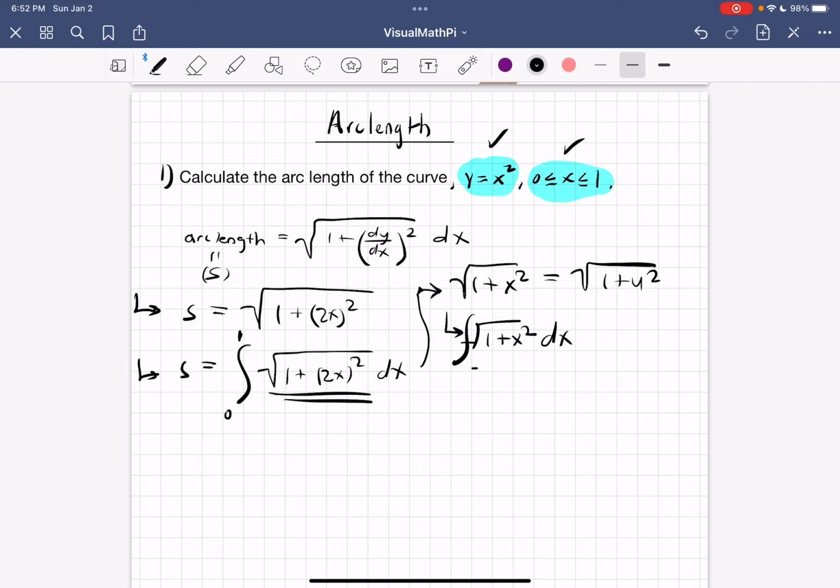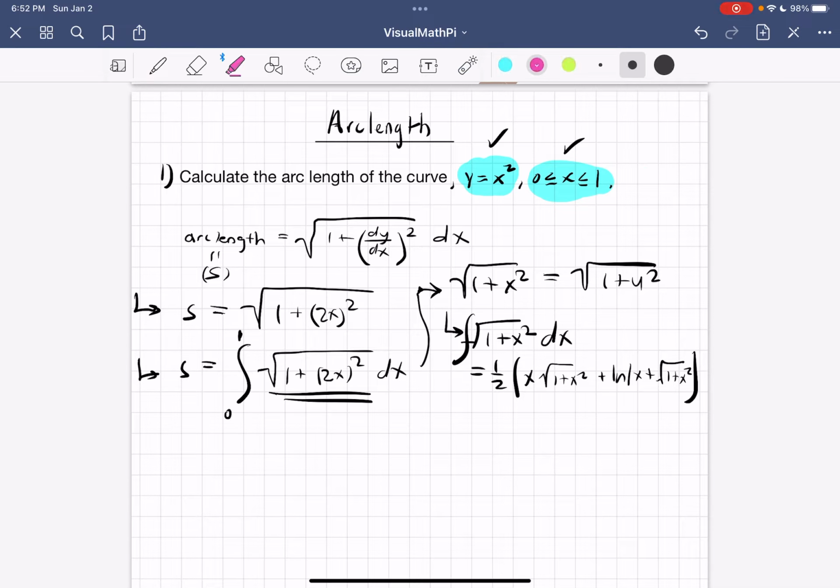1/2 x times the square root of 1 plus x squared, plus the natural log of x plus the square root of 1 plus x squared. Right, yes.